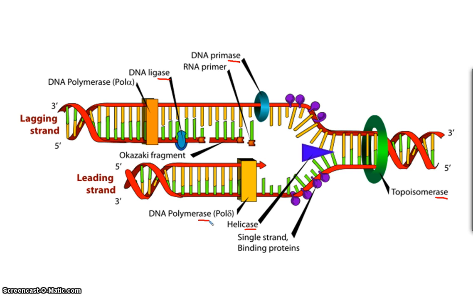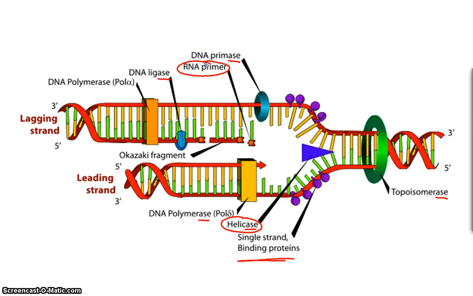The first one, topoisomerase, basically stabilizes the double helix and allows the first big one that we want to talk about, helicase, to come in. Helicase splits the strands apart, so it unwinds them so that single strand binding proteins can come in. They stabilize those single strands because they're kind of floppy, so that the next enzyme, primase, can come in.